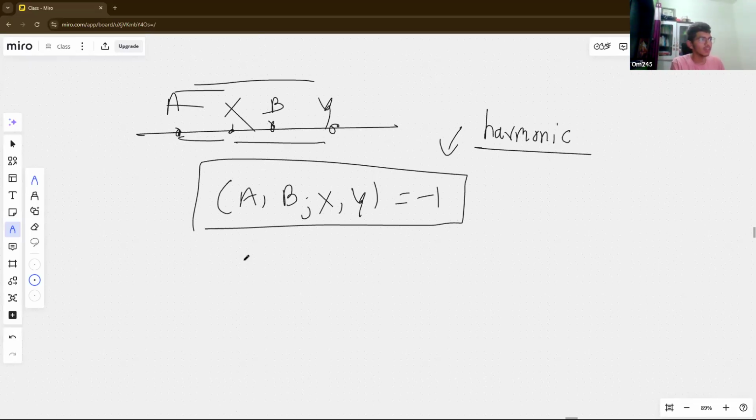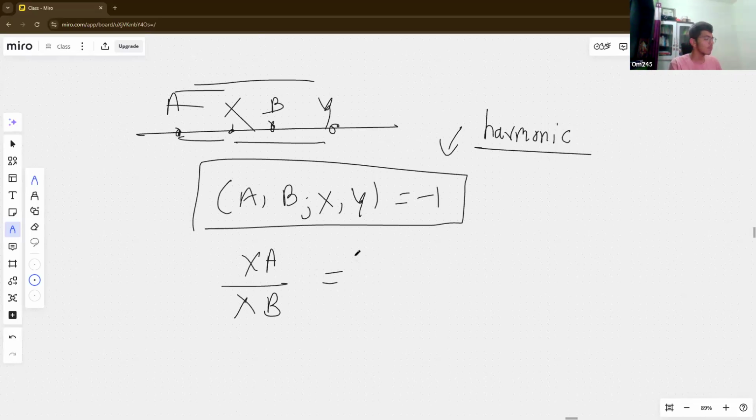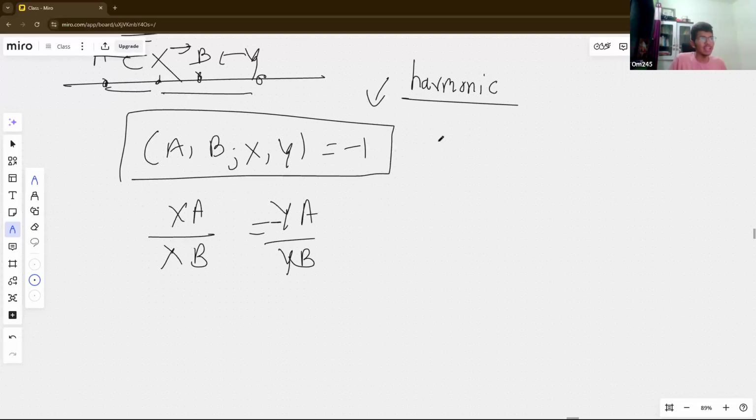So this becomes XA times XB equal to, if I'm not wrong, a division, YA times YB with a minus. And this minus is because the lengths are going in opposite directions; it's minus because these are directed lengths.